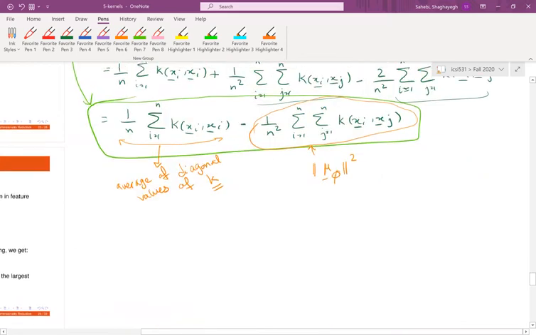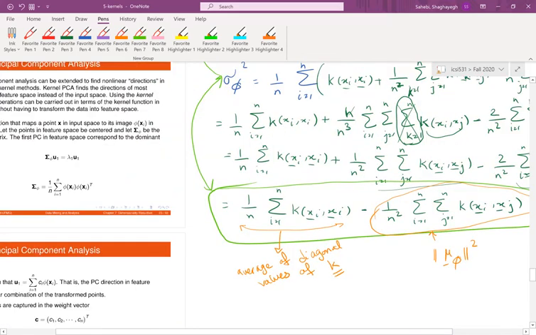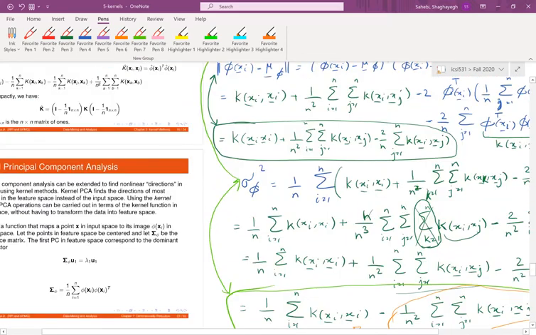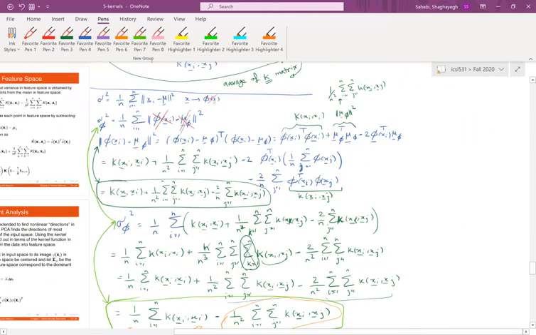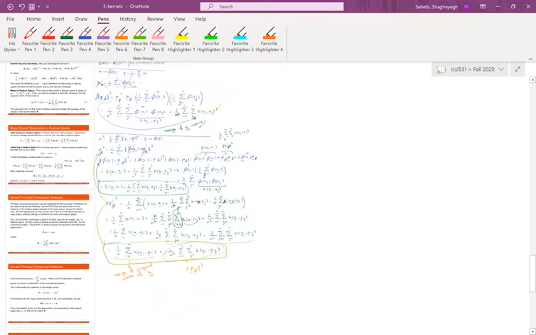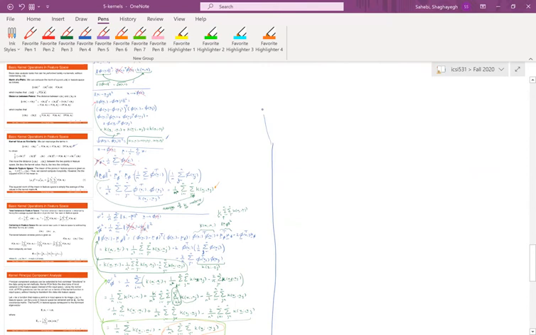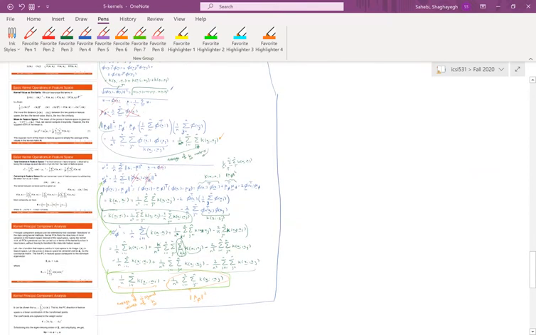Okay. So because I don't have any space left here, I will move to this side. I hope you can zoom in later on and take a look at that.